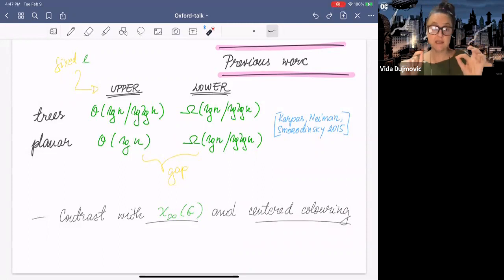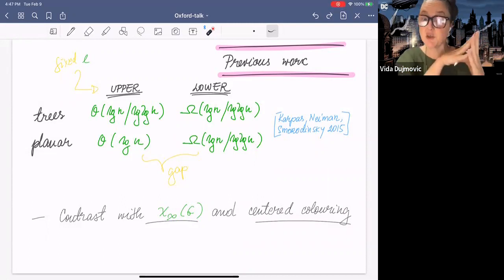So the difference is that in centered coloring, which has been studied a lot, on each path of length p, there is a unique color. And here, in addition to it being unique, you want it to be bigger than the colors of the endpoints.